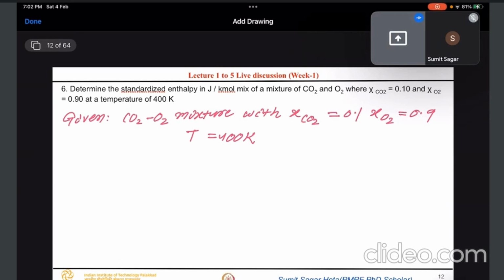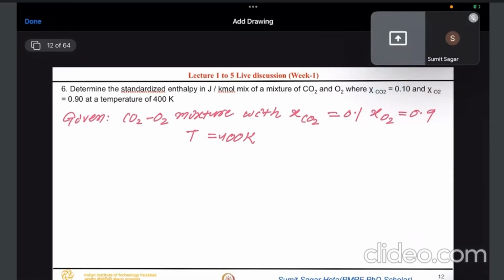To find the standardized enthalpy of the mixture, we have to find out what the standardized enthalpy of the mixture is.